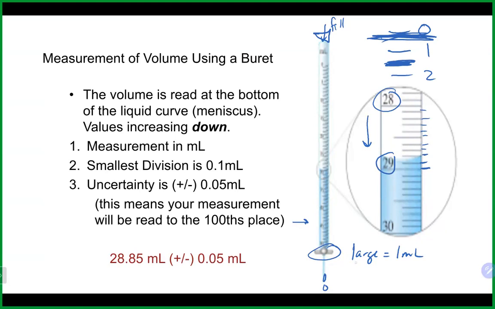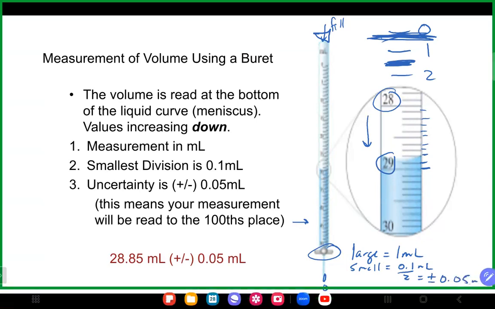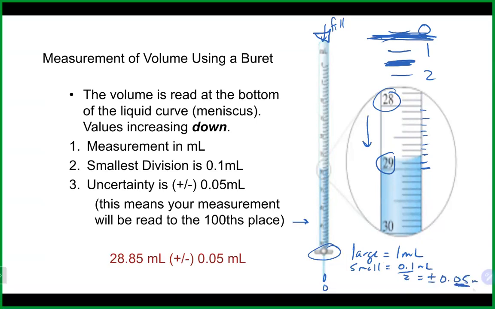And that means that each of the small markings here is 0.1 milliliter. If we divide this by 2, that tells us we should take our reading to 2 decimal places. And that's where we should take our reading to.